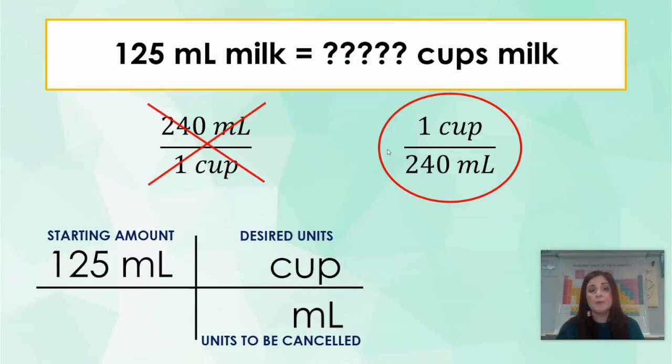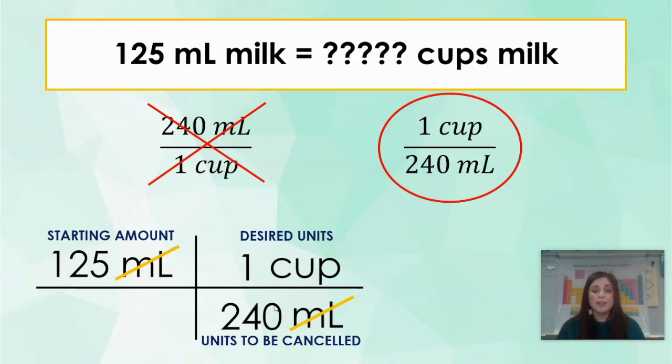So notice I'm going to put, oh, that one would cancel out, so I'll just put the X over there. But 1 cup is equal to 240 milliliters. So notice that I took this right here and I put those numbers in to my dimensional analysis problem. What this does now is those units of milliliters will cancel one another out because, again, they're opposite one another.